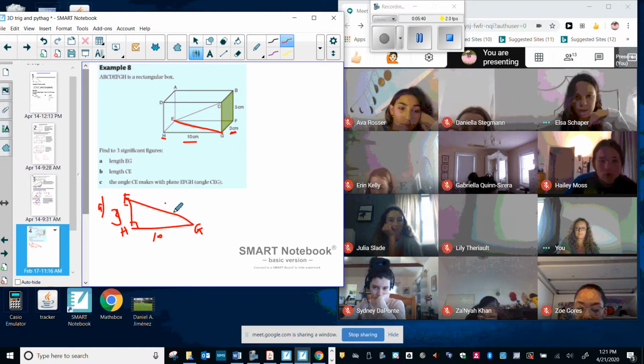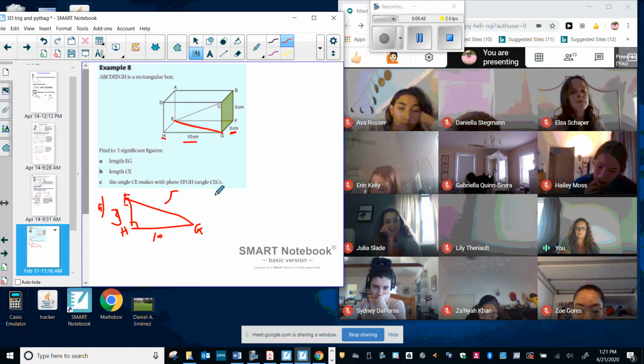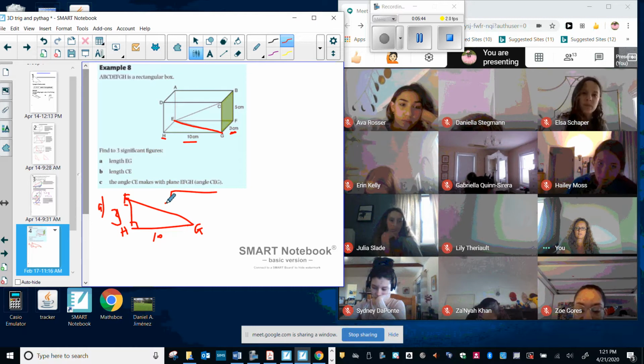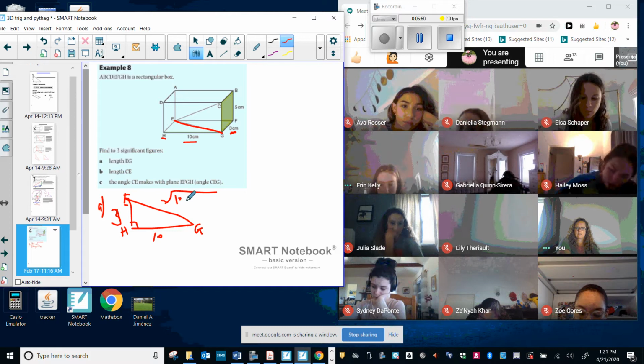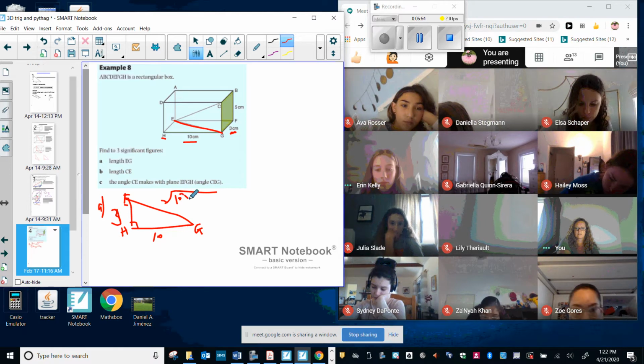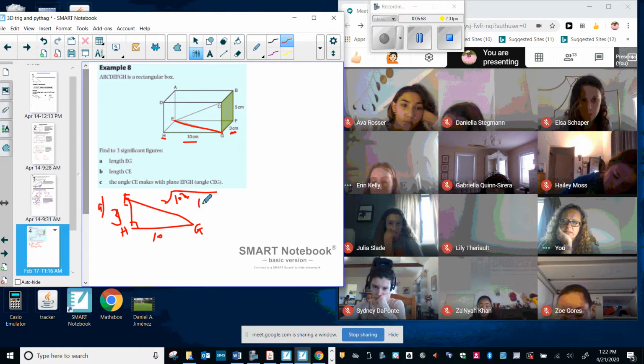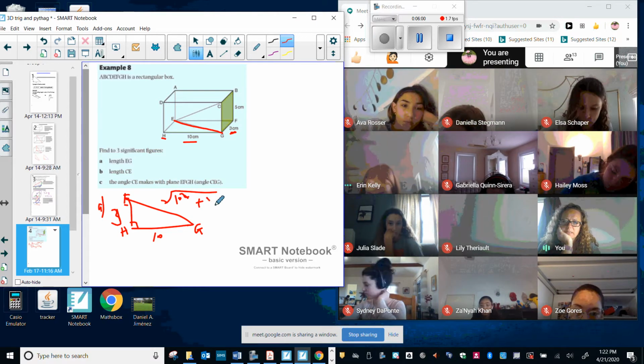Pythagoras. Yeah. So it's the hypotenuse, so we're squaring and adding, then taking the square root. So that's 10 squared plus 3 squared.